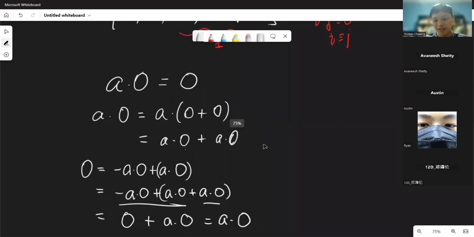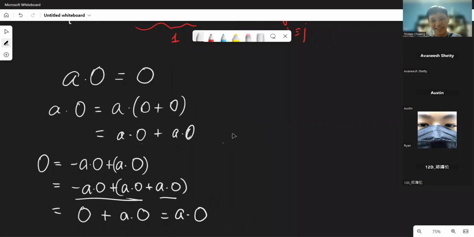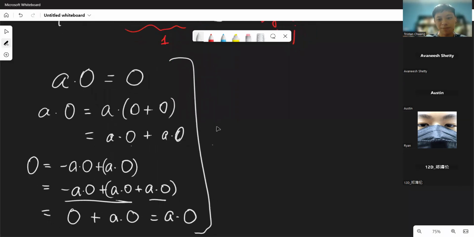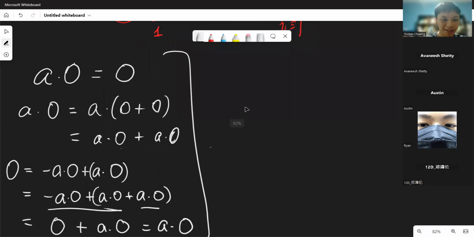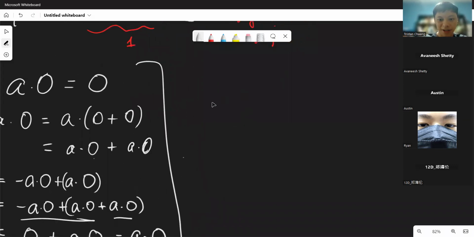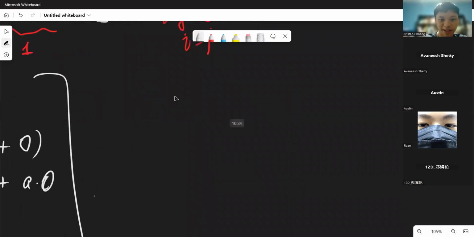Yeah, but let's not talk about this that much. The point I'm making is that you have to prove things from the axioms that you fix at the beginning. It's a very minor thing that I just want to bring out. But let's look at the next property.